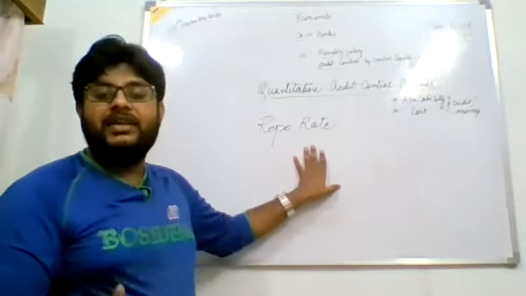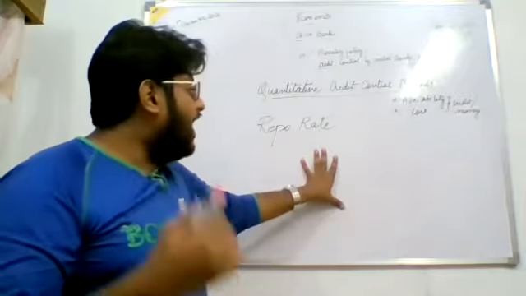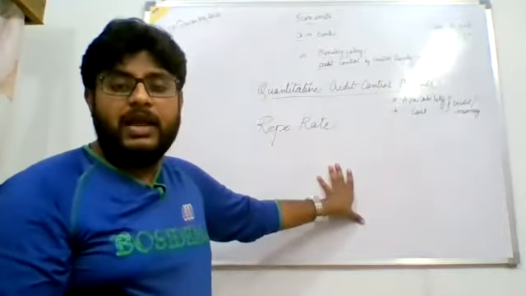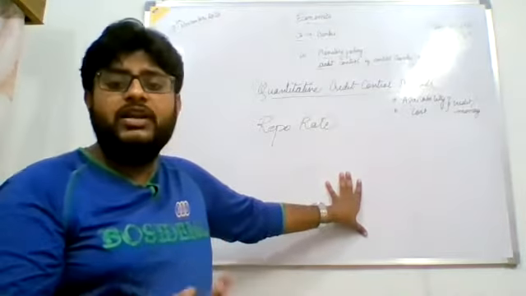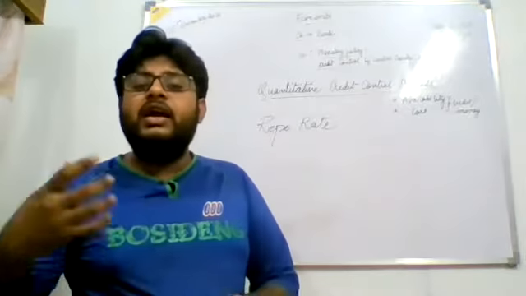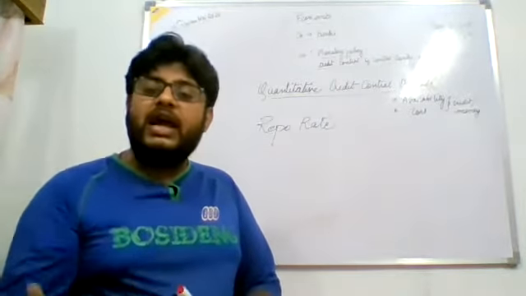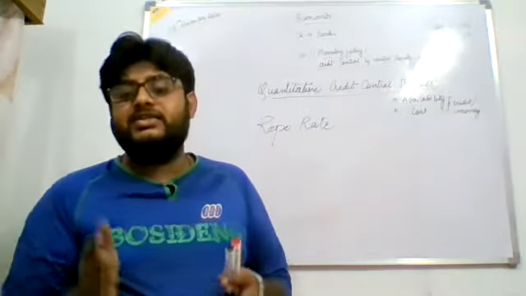Repo rate is that rate of interest, also known as the repurchase rate, at which the central bank gives loans to the commercial banks. Mainly short-term or medium-term loans they give to the commercial banks. That is your repo rate. And how this repo rate is used to tackle inflation and recession is the same as how the bank rate is used.